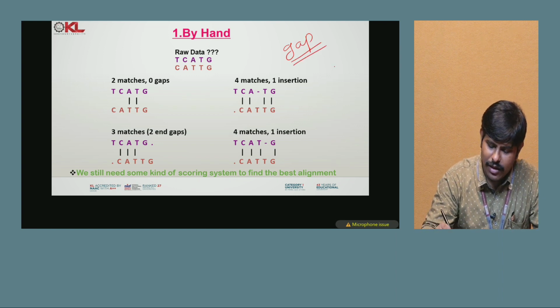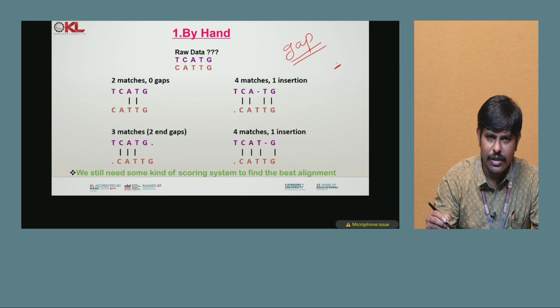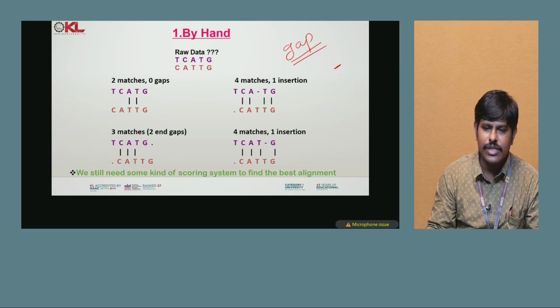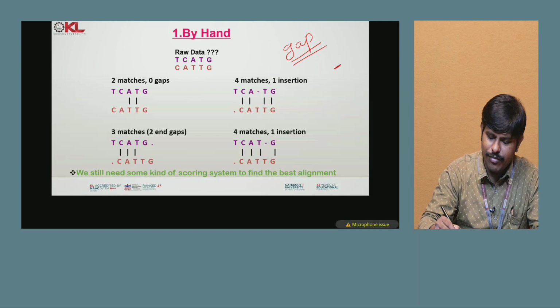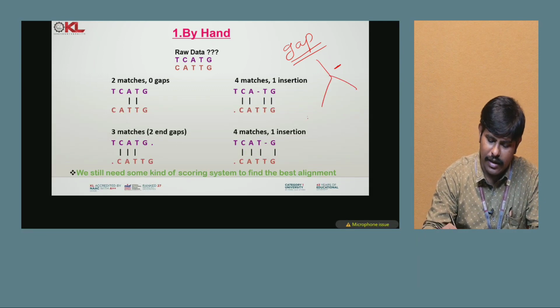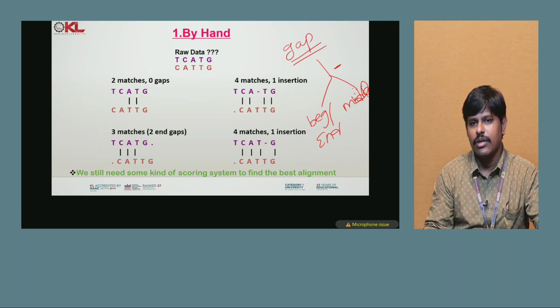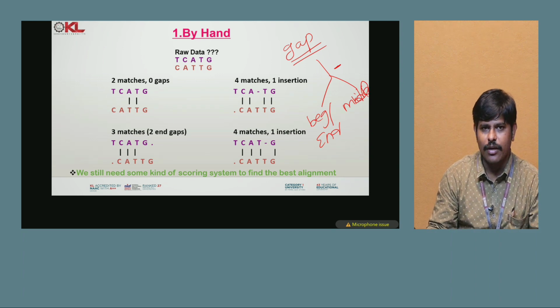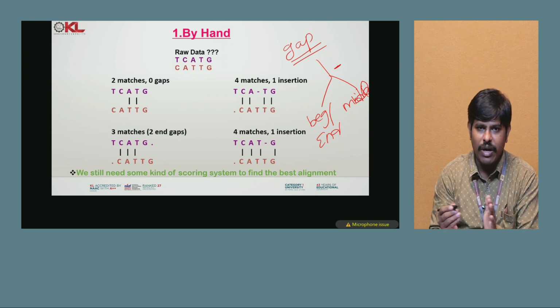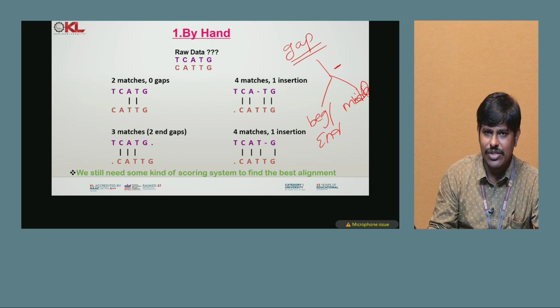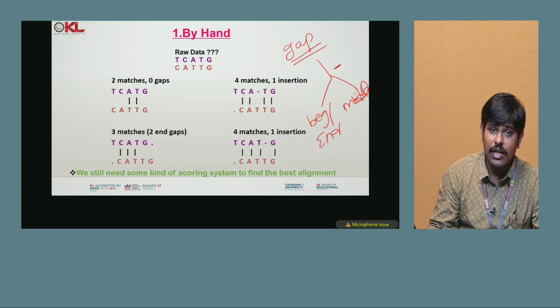Gap is nothing but keeping a dash in between two characters of the sequences. Gaps can be located at the beginning, at the end, or in the middle of the sequence, anywhere. Computationally you insert gaps to get the maximum number of matches, and biologically it is very important.